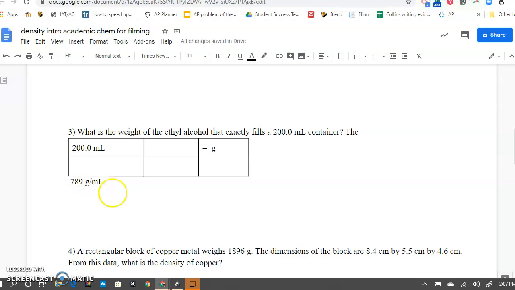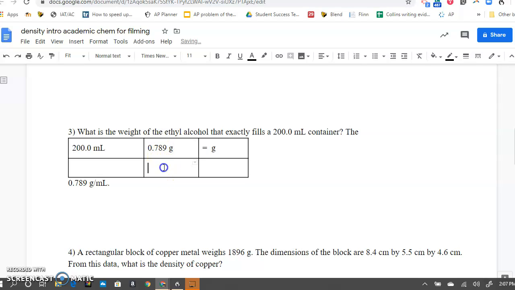So I have the milliliter part I need on the bottom. The 0.789, that number part always goes with the gram. So I'm actually just going to copy that with Control-C, and then pop that up here. And then my milliliter part is going to go on the bottom.